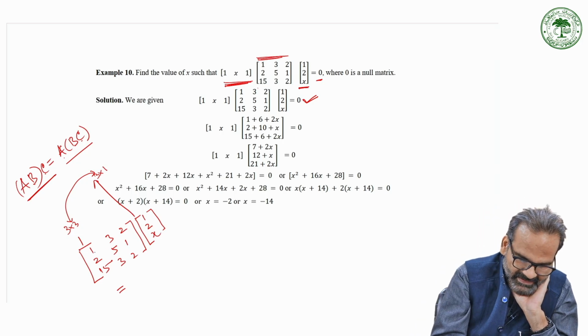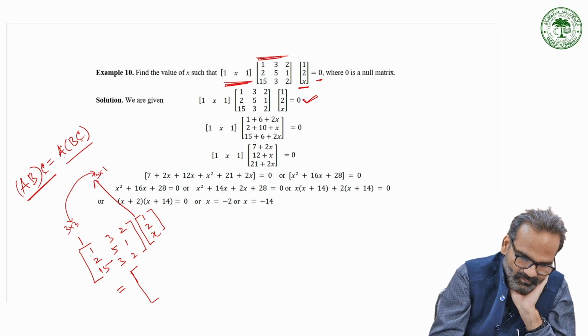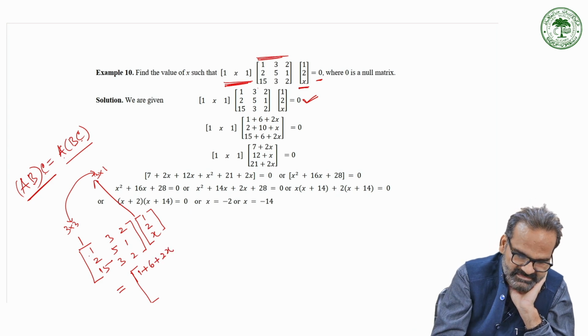So see, multiply the first row of the first matrix with the column of the second matrix. What you will get: 1 into 1 is 1, 3 into 2 is 6, 2 into x is 2x. Clear? The first row should be multiplied with the column. Then the second row should be multiplied with the column: 2 into 1 is 2, 5 into 2 is 10, 1 into x is x.